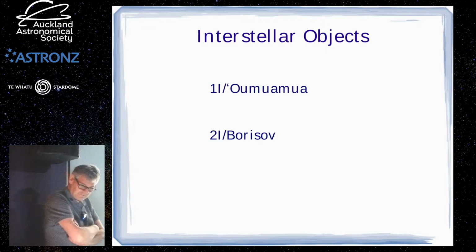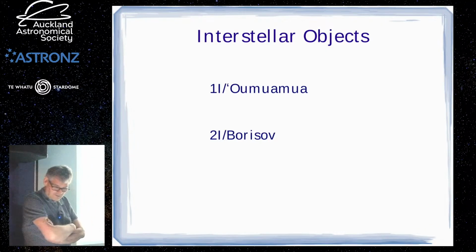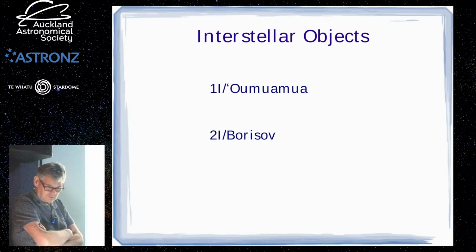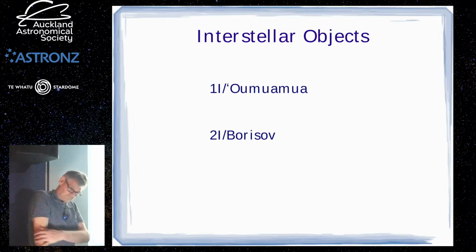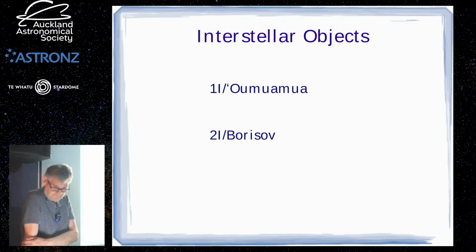The first one there is 1I. The I is for interstellar. Oumuamua is a Hawaiian name that was given, which I believe means a visitor coming from afar. And then the second one, 2I Borisov, was named after the discoverer.